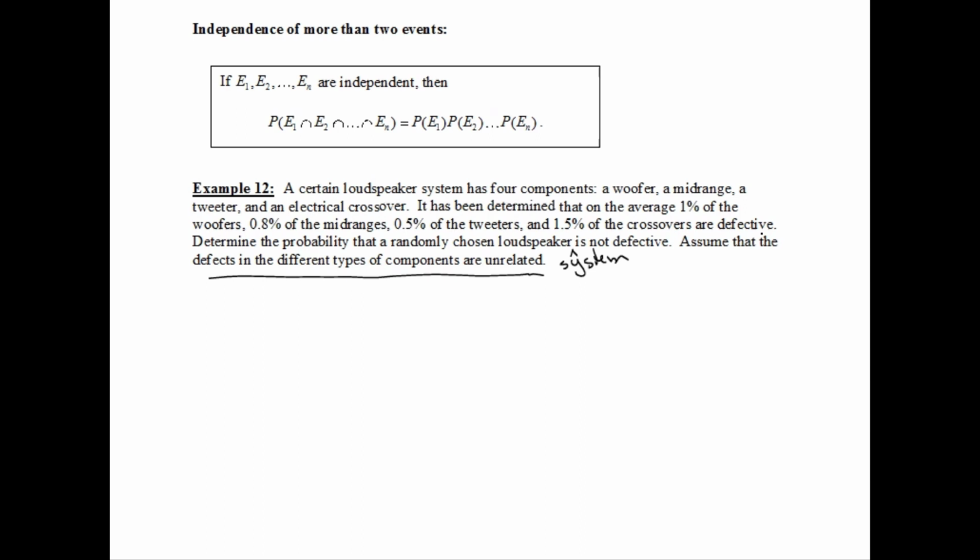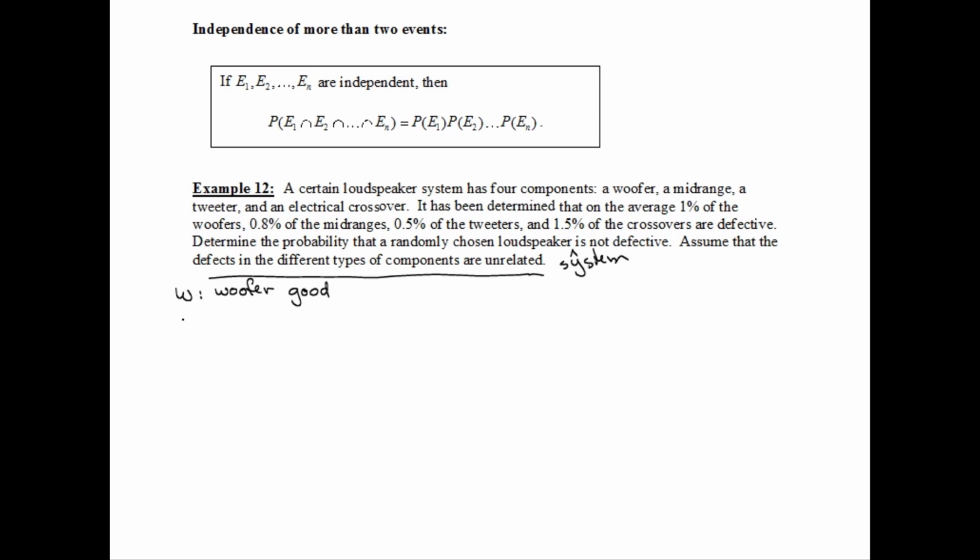So what we need to do here is define some events. If I let W be the event that the woofer is good or non-defective, you could work with the woofer being good or being bad here.